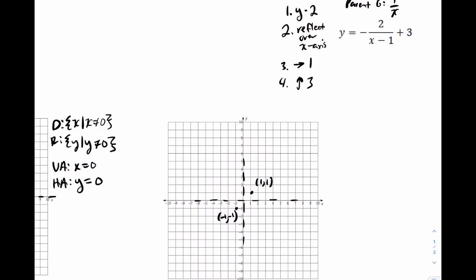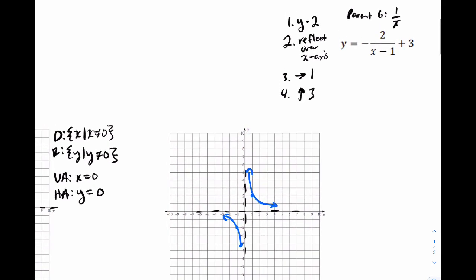So 1, 1 simply will become 1, 2, like that. So this other one should be negative 1, negative 2. So notice how we can just correct that right there. And now we can kind of sketch it. So same thing, still approach your asymptotes. We just have a slightly stretched out graph.